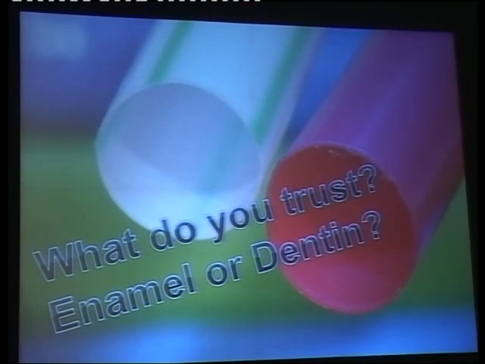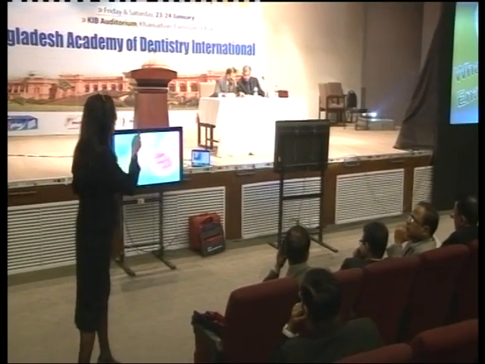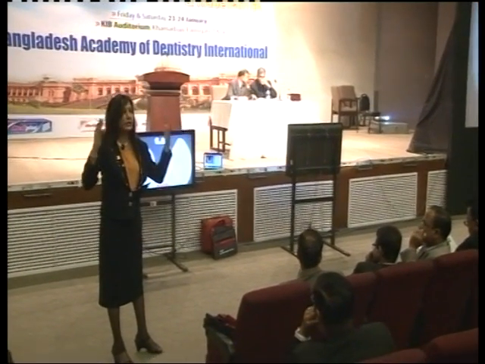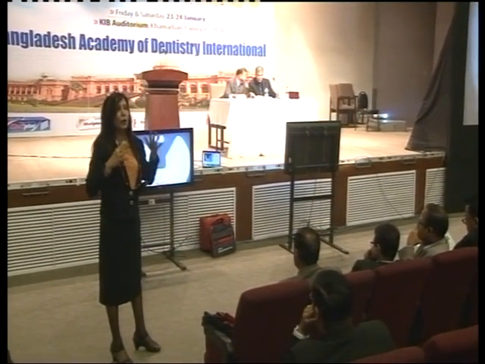Any answer from my dear audience? Enamel is better or dentine is better? Bonding wise. Dentine, enamel, okay, there's a mix. But technically, if you see the bonding substrate, enamel happens to be better than dentine. But fine. Here I'm talking about a big posterior cavity, which means the substrate we are working on is basically dentine.